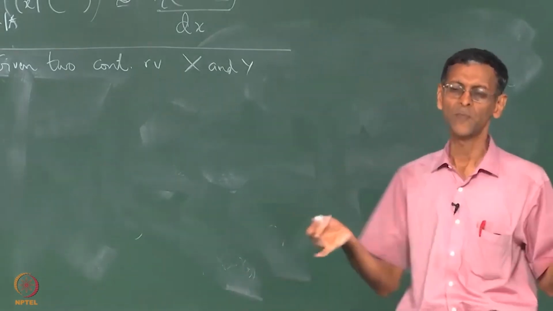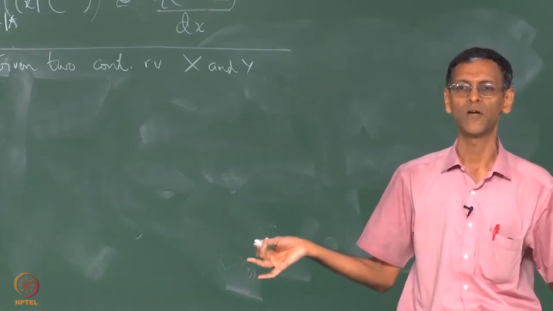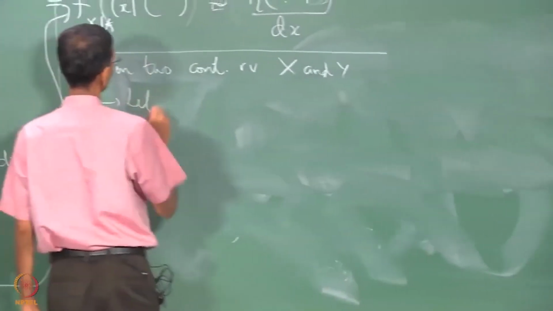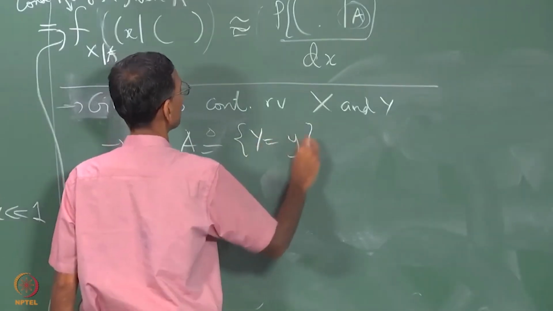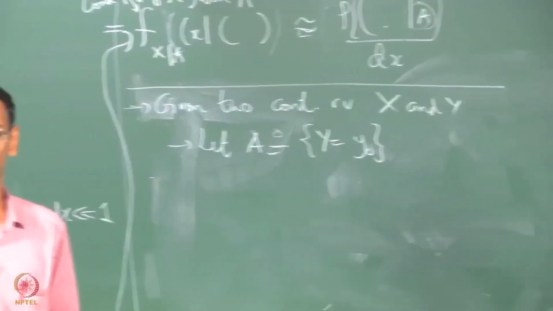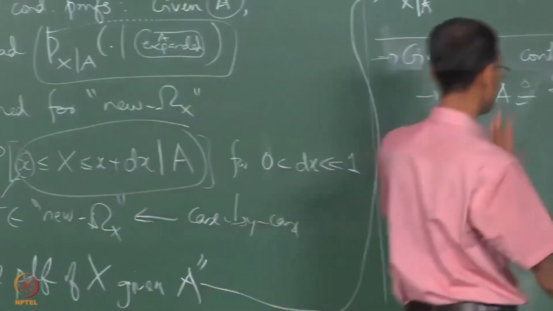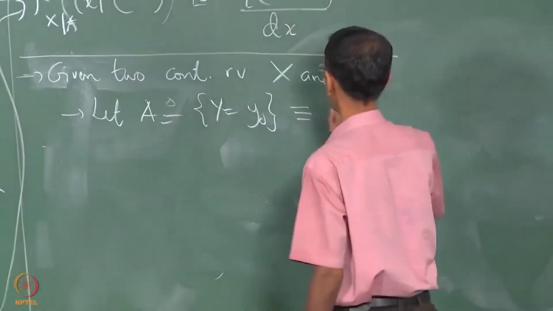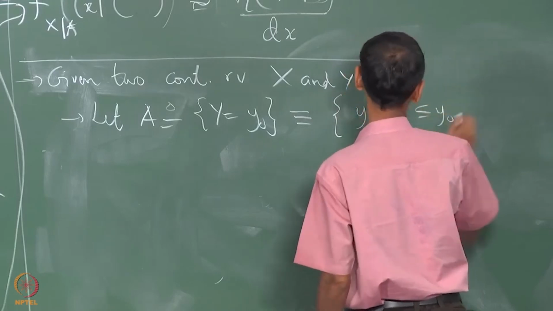Obviously, you are measuring Y to some precision, and let's say that to that precision you have observed y equal to y naught. So somebody makes a statement, so A is defined as y equal to y naught. And you might ask, is this an event with non-zero probability? The answer is, well, it has vanishingly small probability, and this kind of conditioning always is to be interpreted as y naught less than Y less than or equal to y naught plus dy.